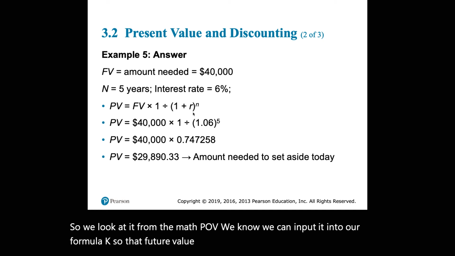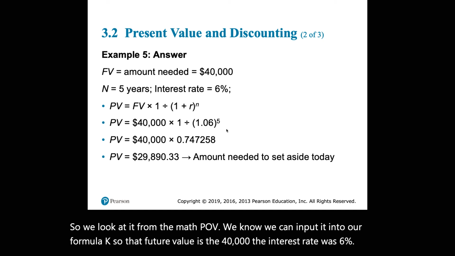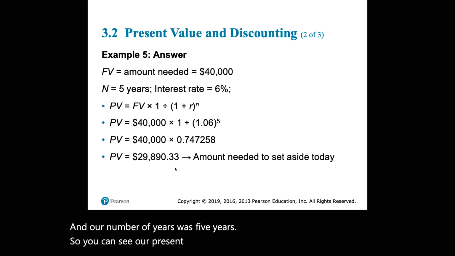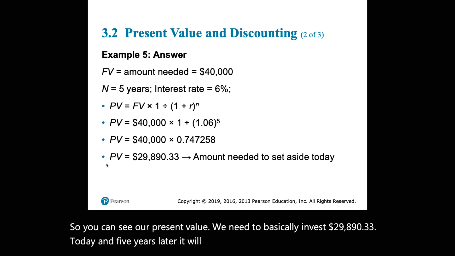The interest rate was 6%, and our number of years was 5 years. So you can see our present value. Okay, we need to basically invest $29,890.33 today, and 5 years later it will mature to $40,000. Now that is math. Let's take a look at our calculator method.